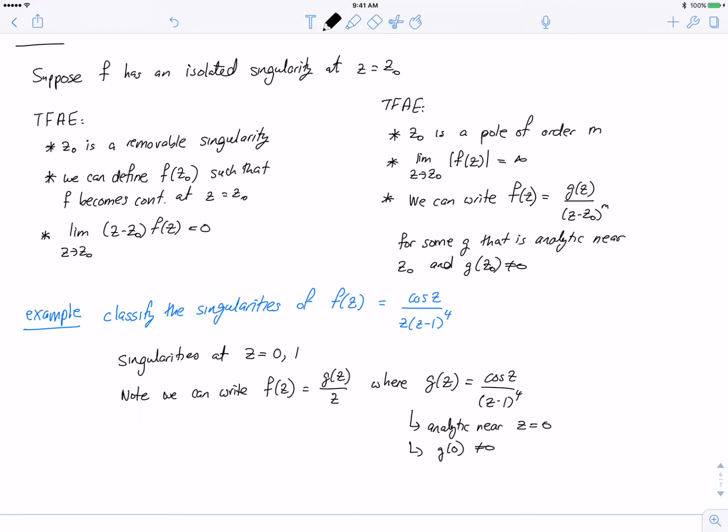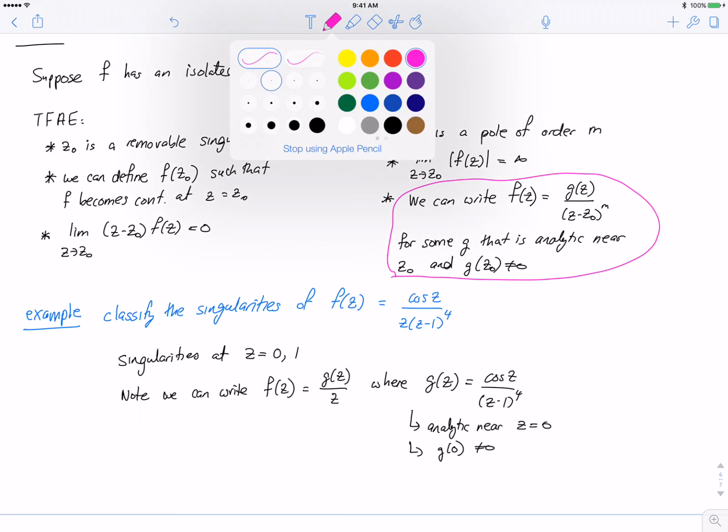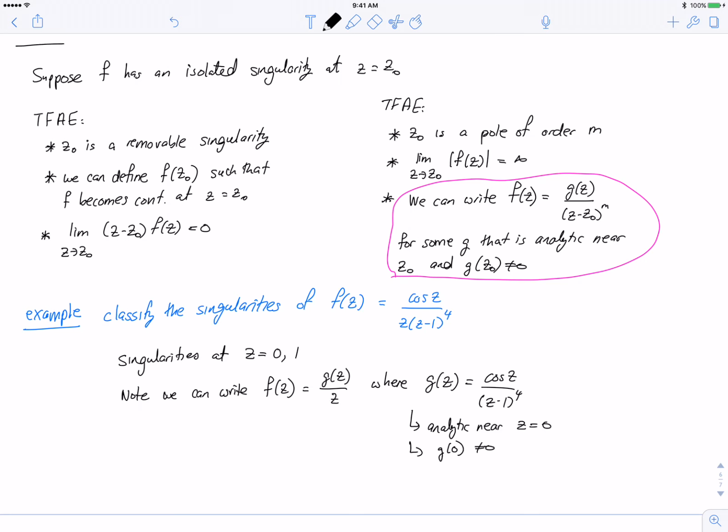So according to the equivalent definition I had for a pole, z equals 0 is a pole of order 1, or a simple pole. That's all you need to do.